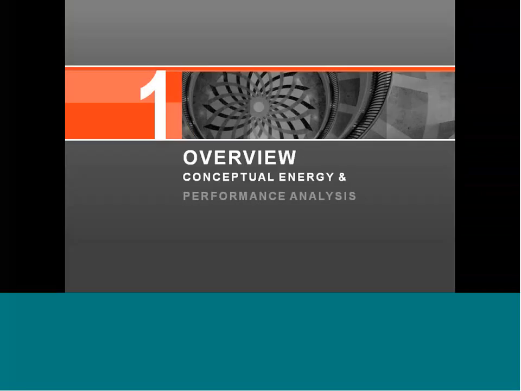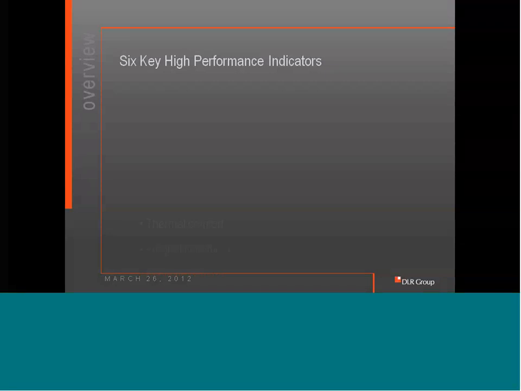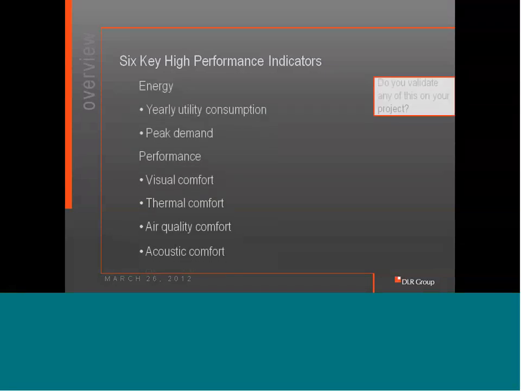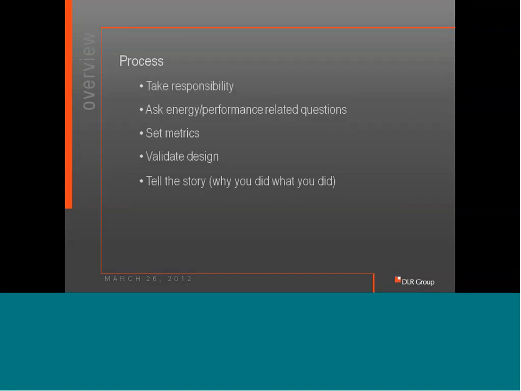Okay, so last week we looked at conceptual energy analysis and conceptual performance. These are the 6 key performance indicators for any high-performance design. We're going to look at visual comfort today. So our intent is to validate all of this in our project. The process that we talked about was to take responsibility, ask appropriate questions, set metrics, and we're going to talk about metrics related to visual comfort today, validate our design, and then tell the story.